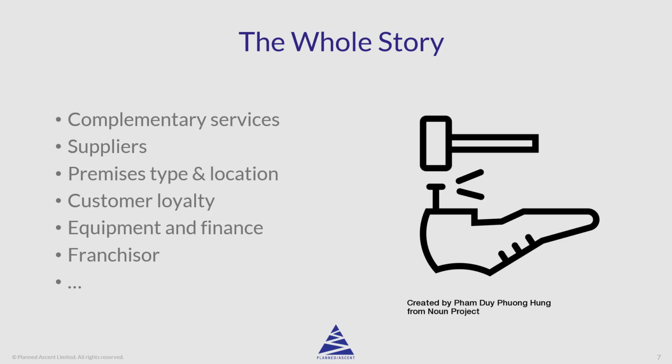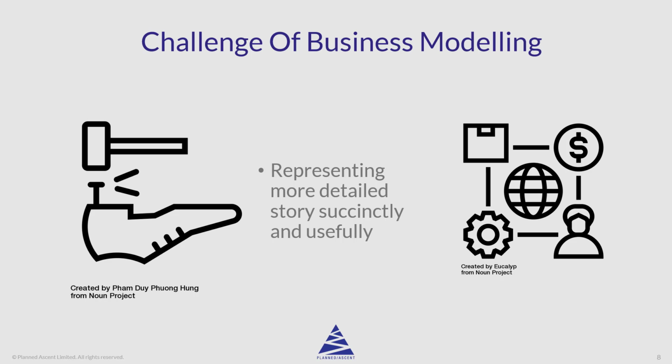These include the range of complementary products and services they offer, key cutting for example, or selling shoelaces, the suppliers they source from, their premises type and location, how they build loyal relationships with customers, the precise sort of equipment they have and how they finance it, their relationship with a franchisor whose brand and management systems they pay to use, and so on. As soon as we try to represent this more detailed story, the challenge of doing so succinctly and usefully becomes harder, especially if you're a small business with limited time and resources.